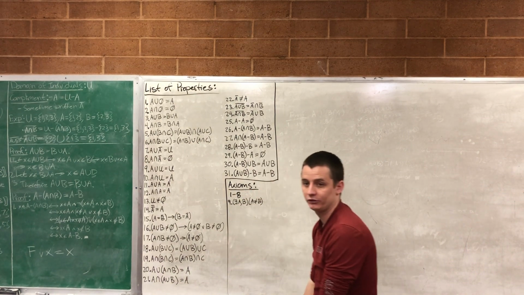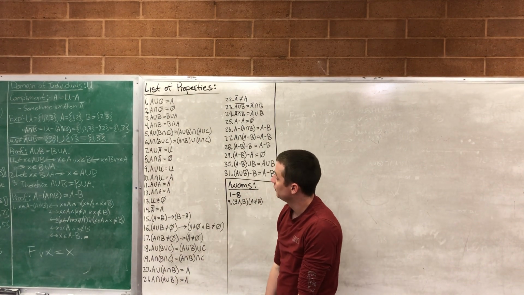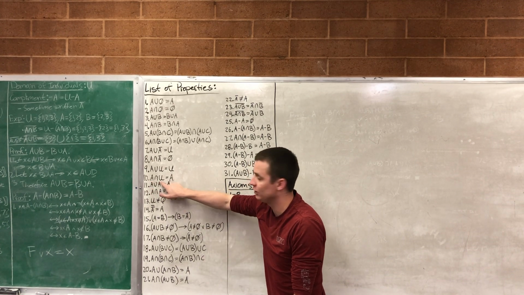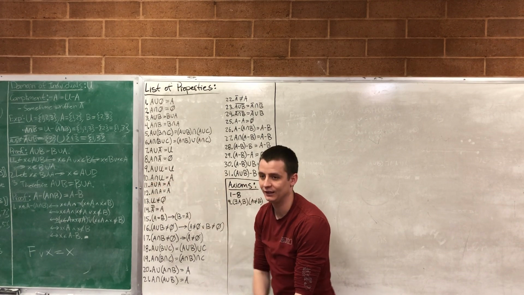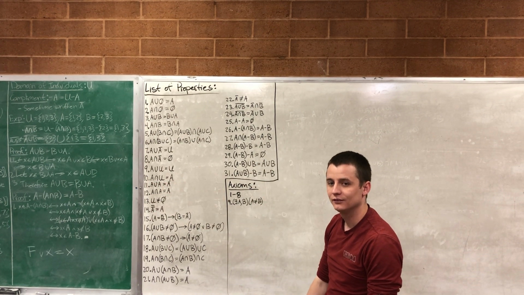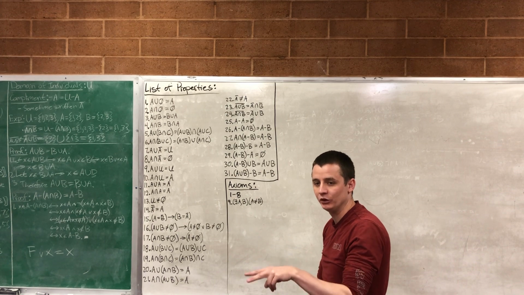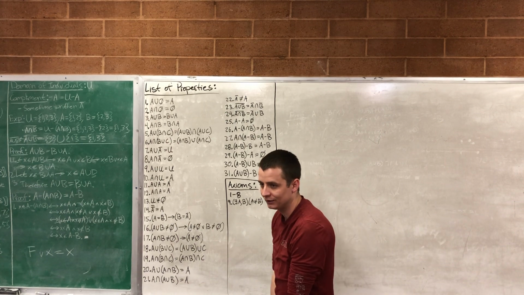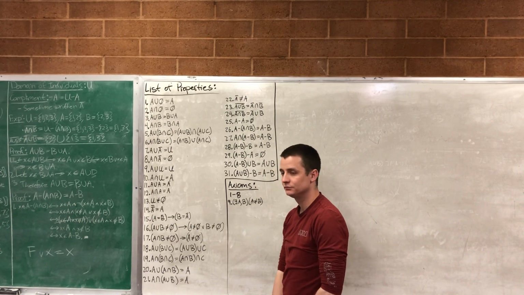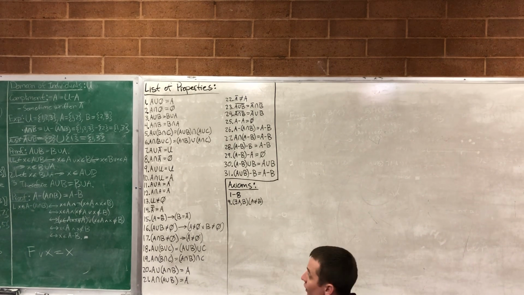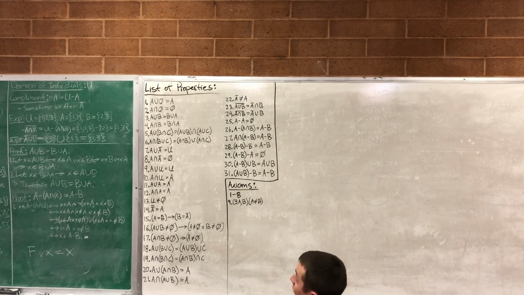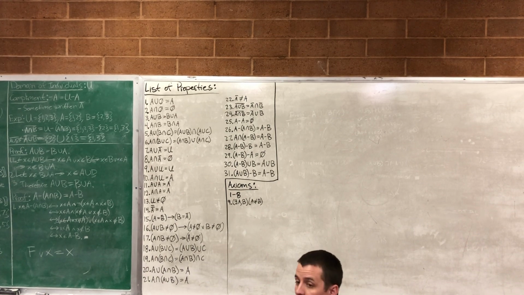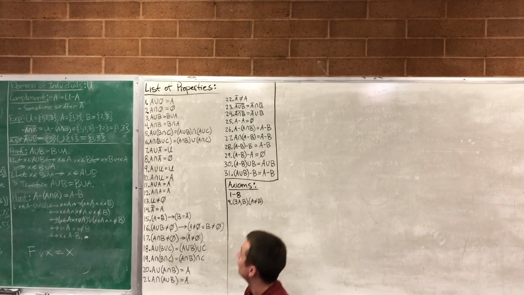A intersect the universe is just A. That one makes sense? If we take everything that's both in A and the universe, then we're just left with everything that's in A, because A is in the universe. Gotcha. If they have to be in A and in the universe, then that's the same as they just have to be in A. I'm confused why you say if it's just in A. Well, what does it mean for sets to be equal?